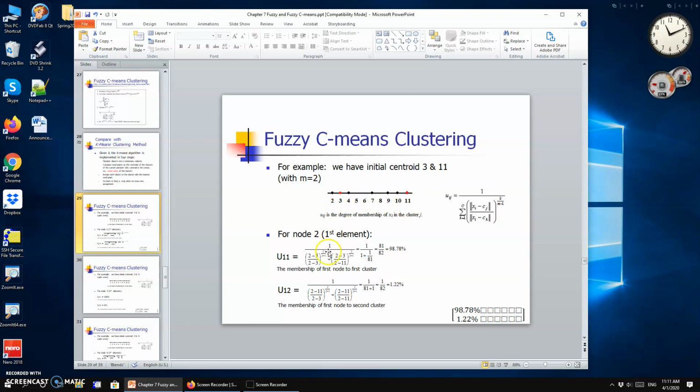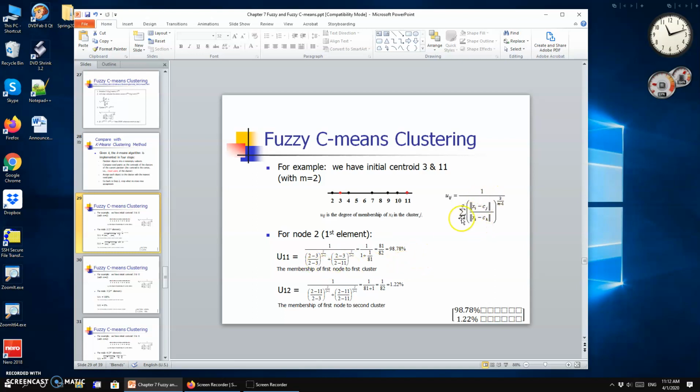So in this example, it's 3. So it's 2 minus 3 divided by xi minus ck. So xi is still 2, the first node that we want to look into, minus ck. You remember k starts from 1 and goes to 2. So in the first node, it will be c1, which is exactly the same value that we see for the first cluster. So it's 2 minus 3.